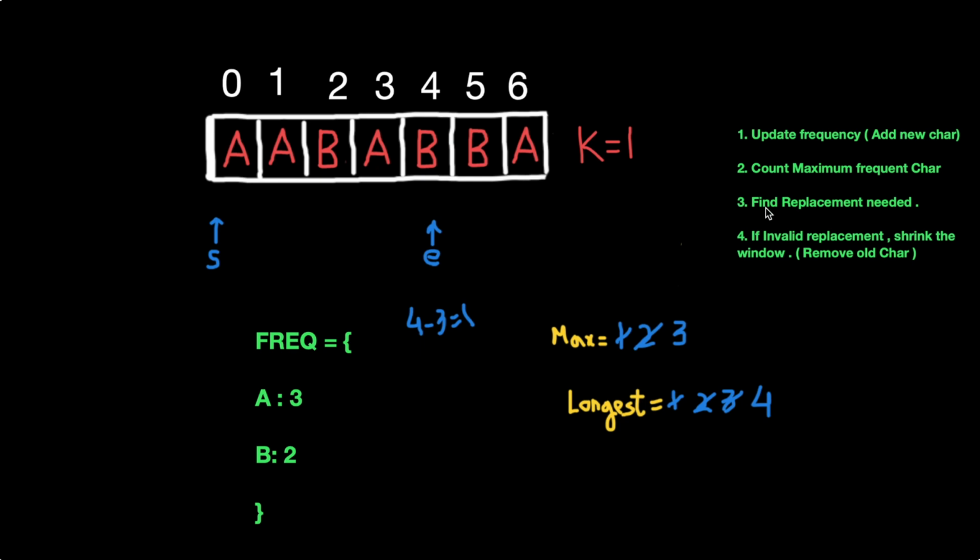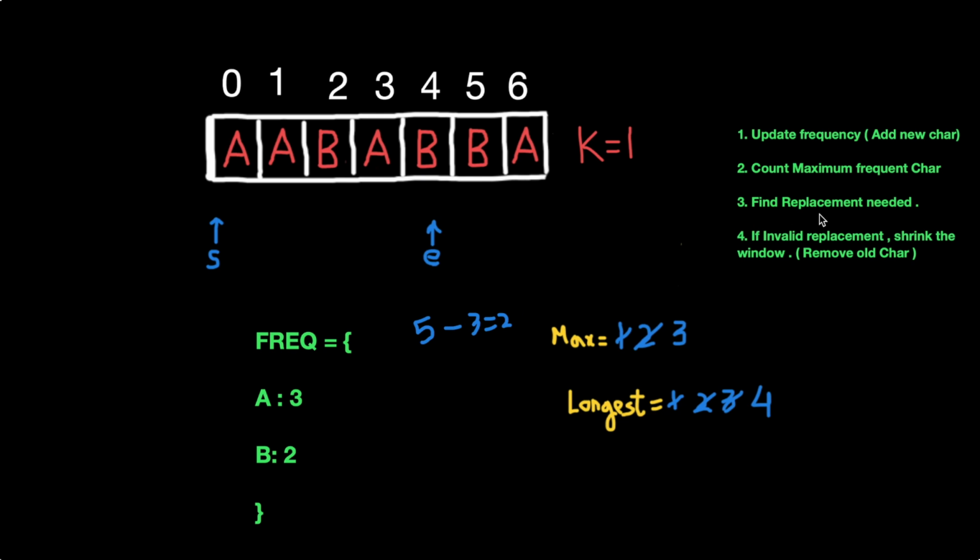So when I try to find whether the replacement is needed or not, the size of the sliding window minus maximum 3 would be 2. So 2 is not less than or equal to k. So it becomes greater than k. That means I'll have to replace 2 characters, which will make it invalid.